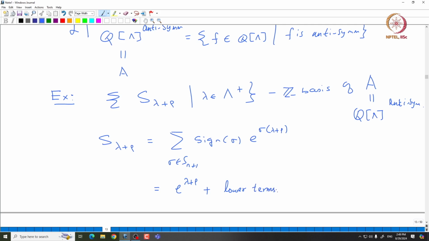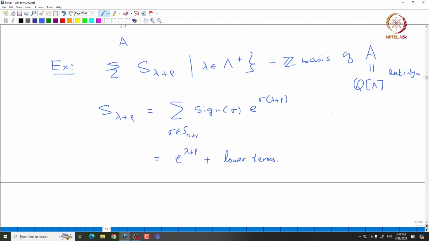What I mean by lower terms is with respect to the dominance order: sigma(lambda+rho) is smaller than lambda+rho in the dominance order for all sigma inside S_{n+1}. And when sigma is non-identity, it is going to be strictly smaller.